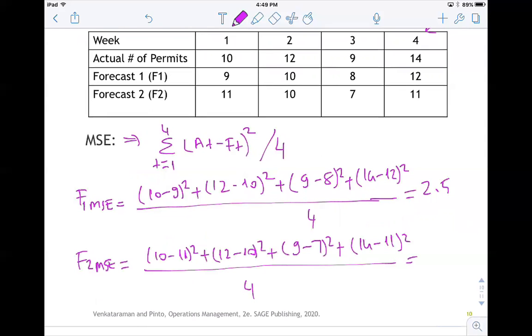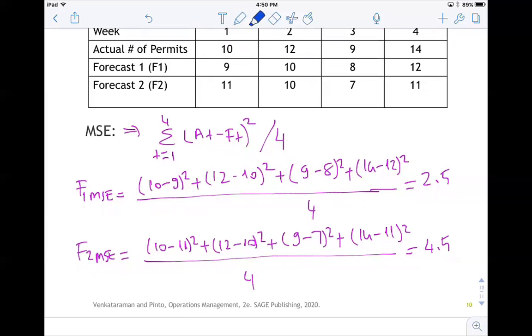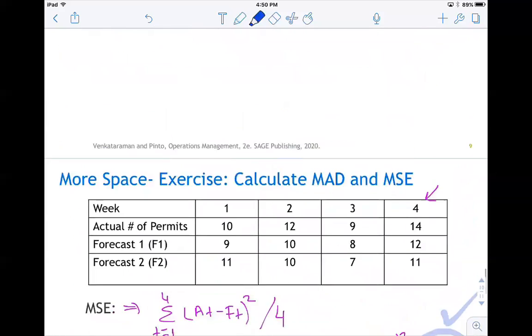So if you do the math here, you should get 4.5. Well, the conclusion is, again, the mean square error of forecasting method 1 is much lower than the mean square error value obtained by using the second forecasting method. So much lower. So F1 wins here.